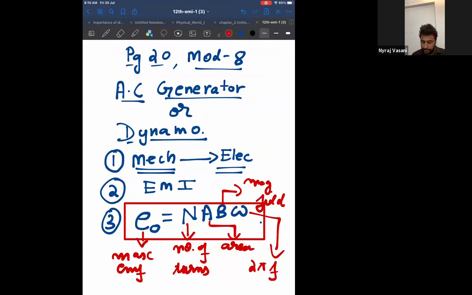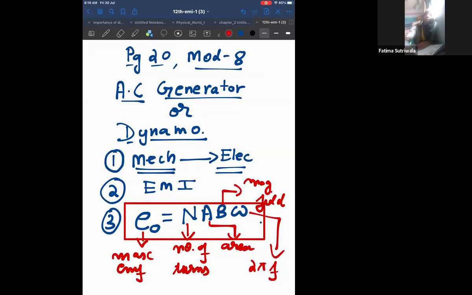On page number 29, can you see the side heading application of EMI? That is dynamo and transformer and all that. See question number 1 and tell me what should be the answer. Start solving.